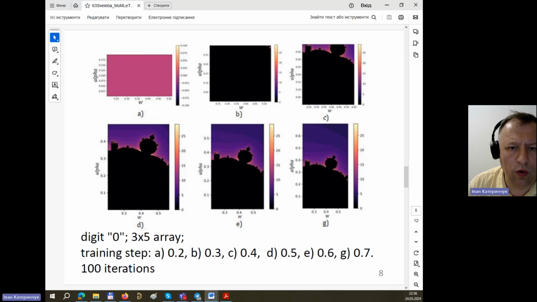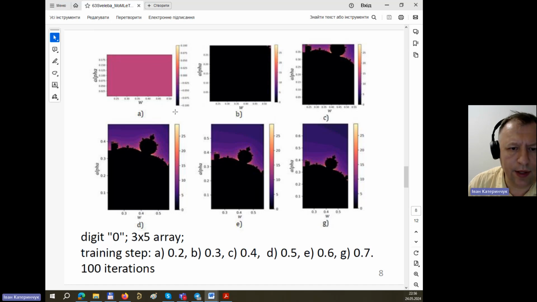This slide shows the view of the fractal structure when the training step alpha changes. Starting from alpha equals 0.3, the recurrence system describes the magnitude of the training error from the training step and demonstrates the absence of a solution of the system.